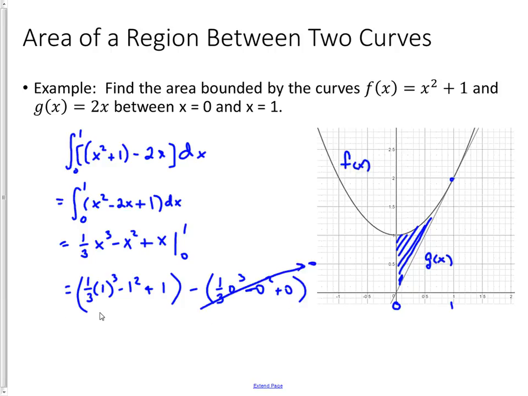And of course, we have 1/3, we subtract 1, but we add 1 on the same level. And of course, we're going to get our area of 1/3. So this is how we can evaluate this in the simplest possible form. All right, more to come.